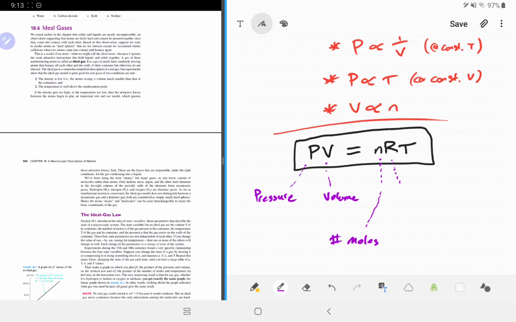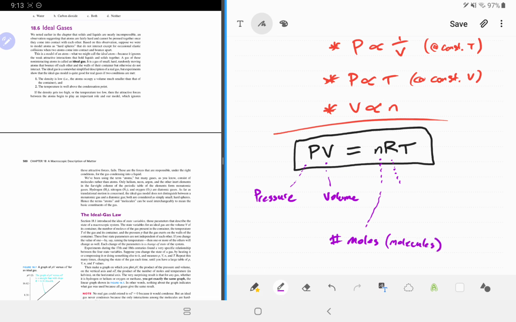By the way, this is the number of moles of gas molecules. Remember from the last video that if you're talking about oxygen molecules, they come in pairs. Each pair of O2 counts as one molecule. So this is the number of moles of molecules, not atoms.